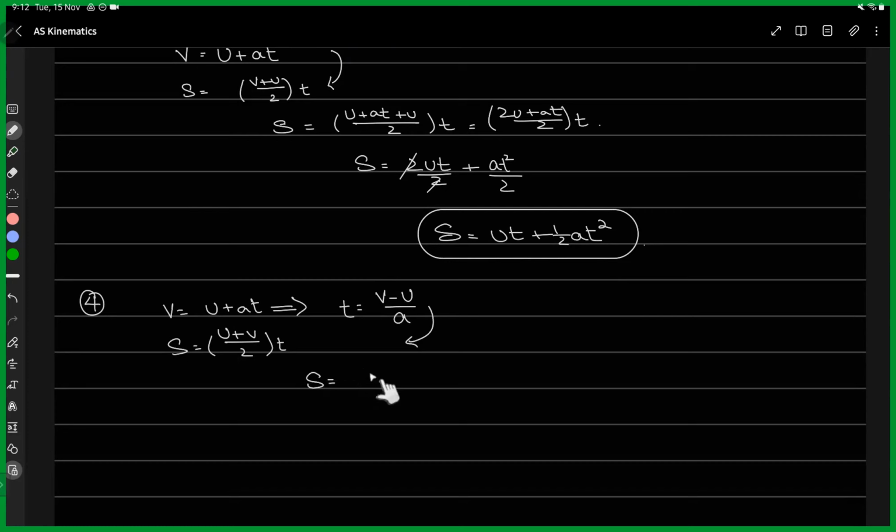So s is equal to (u plus v) over 2 times (v minus u) over a. Now if you combine these, you get (u plus v) times (v minus u), divided by 2a.